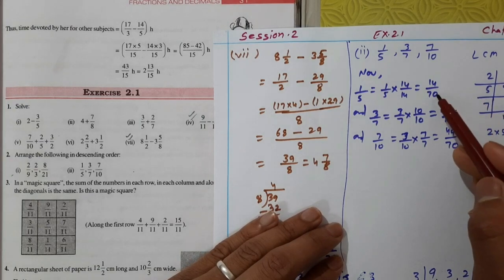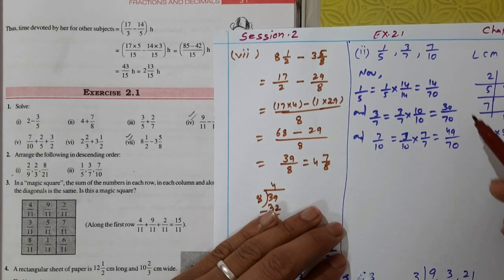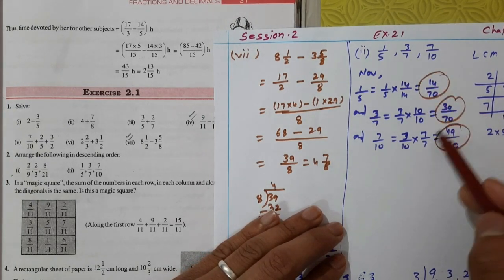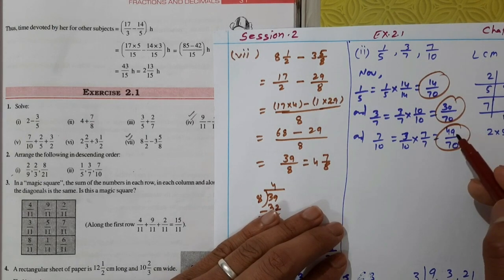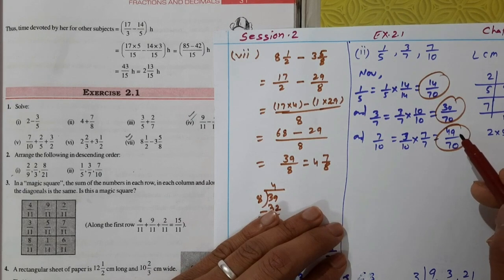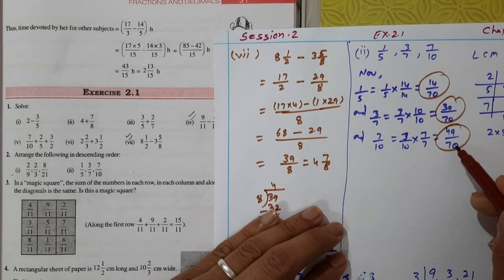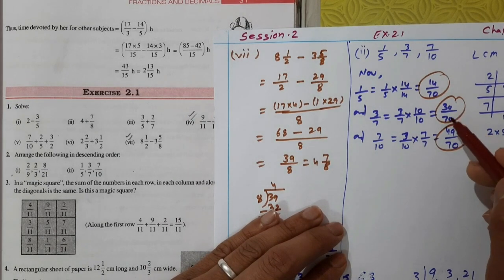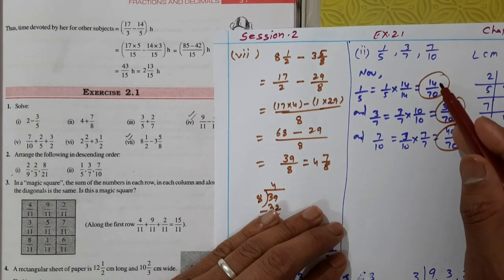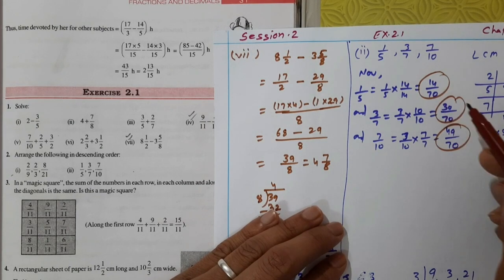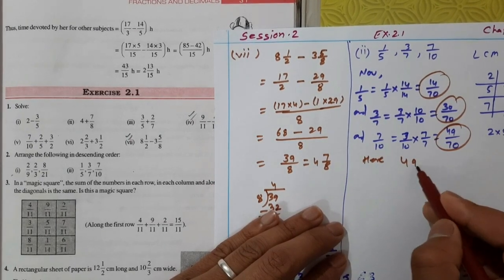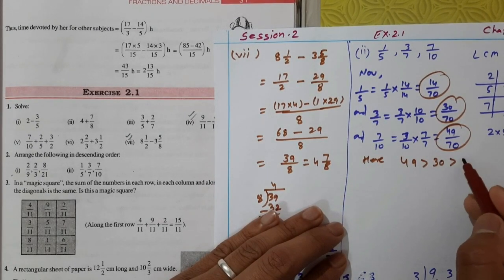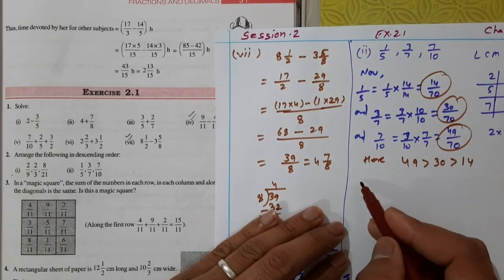Here the denominators are same: 70, 70 and 70. Now we have to compare numerators. Here 49 is the greatest numerator, so 49/70 is the greatest number. Then 30/70, and the smallest number is 14/70. Here 49 is greater than 30 is greater than 14.